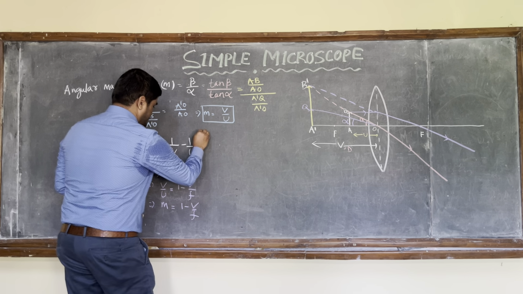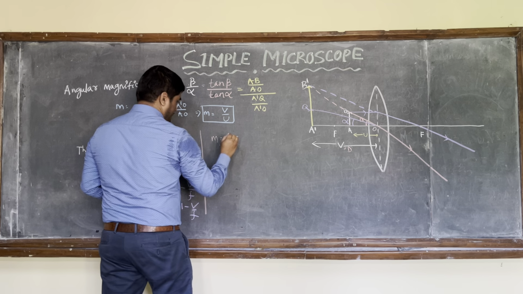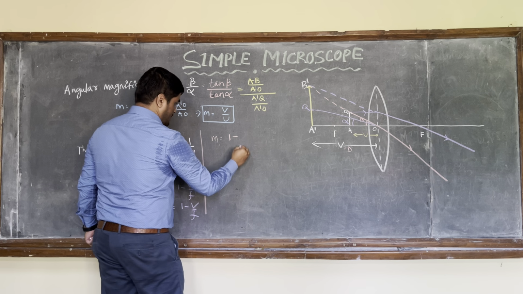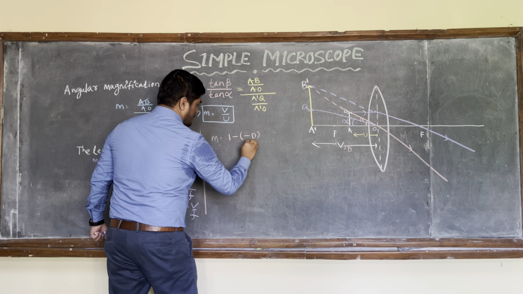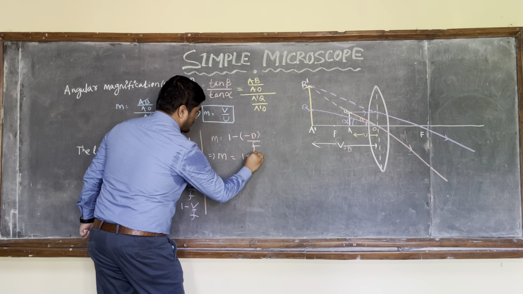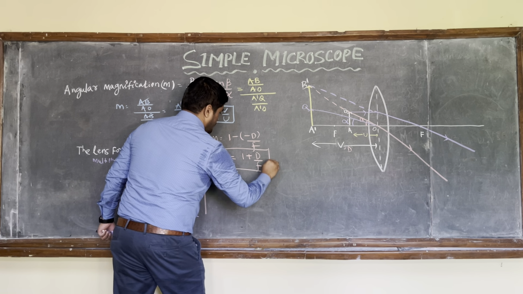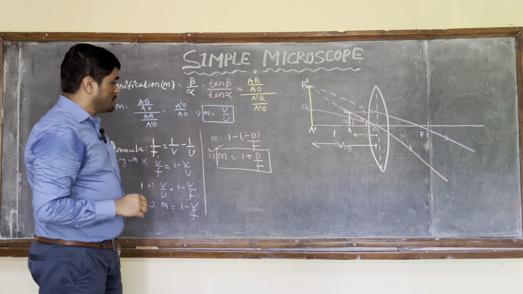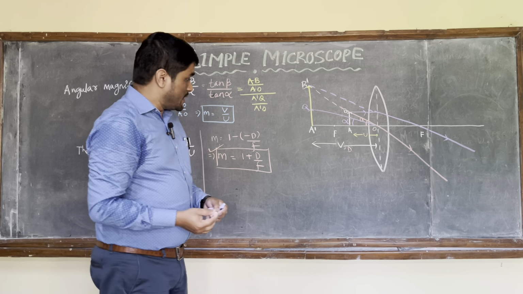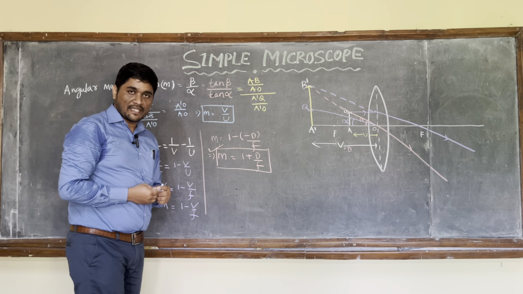So magnification m equals 1 minus, by using the sign convention, v will be minus d, so minus d divided by f. That implies m will be 1 plus d divided by f. So this is the magnification produced by the simple microscope. Clear? That means when the image is formed at the distance of distinct vision, this will be the formula of magnification.